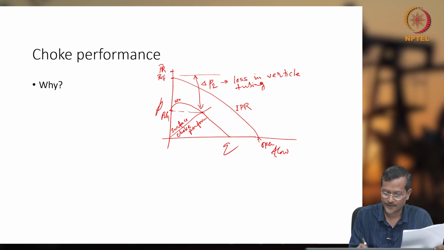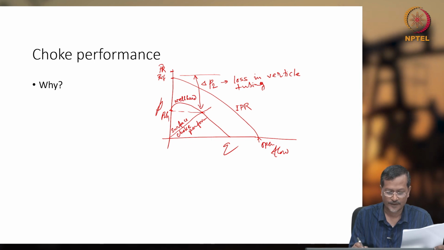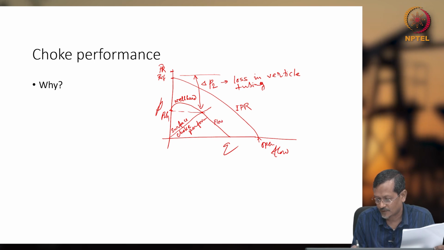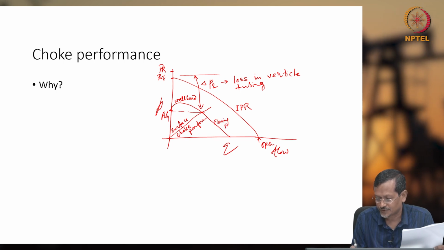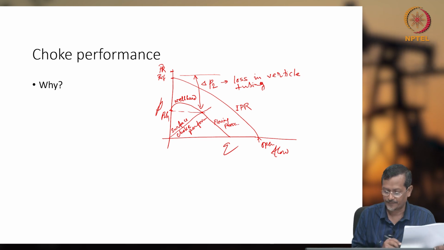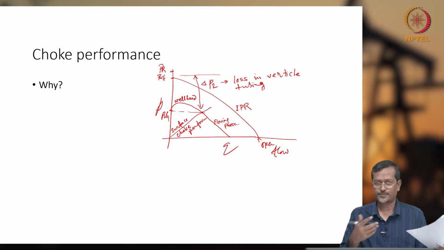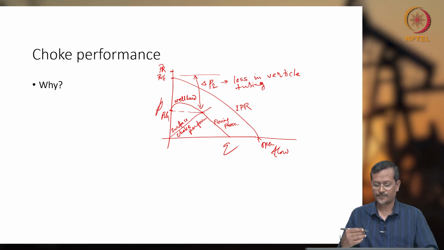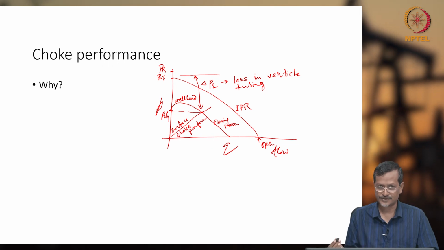This is wellhead. So flowing pressure, okay. So you can see because of huge pressure drop, you are getting less flow rate also, and your pressure is dropping. And in the surface choke performance, when pressure increases, your flow rate also increases.